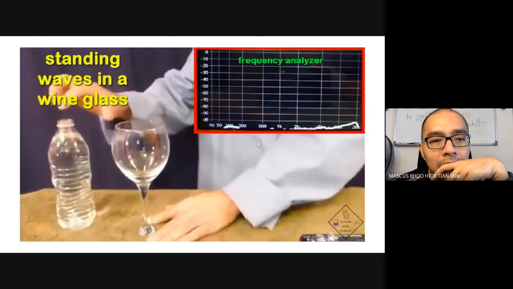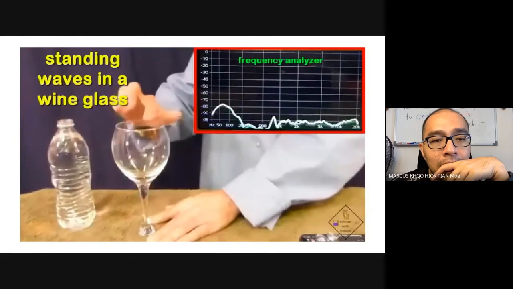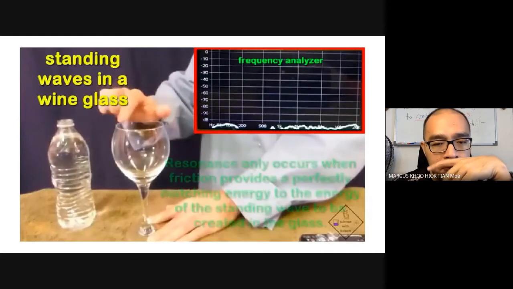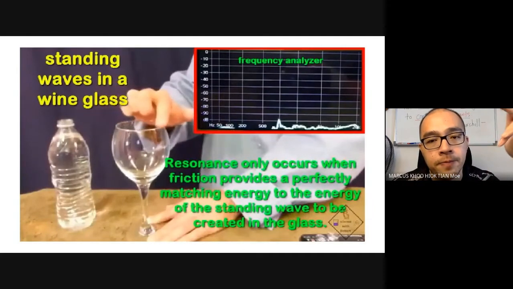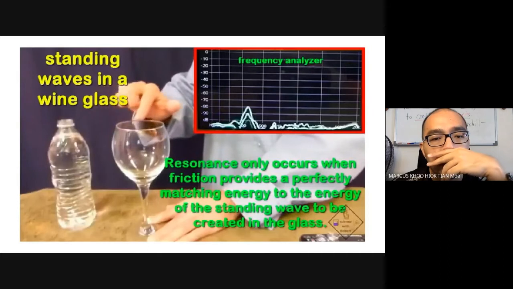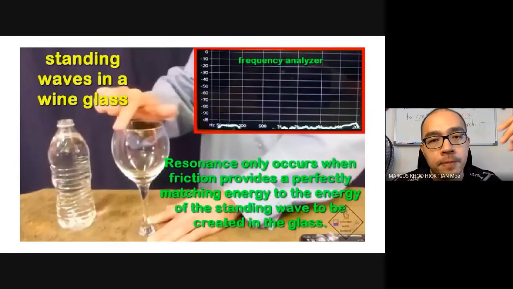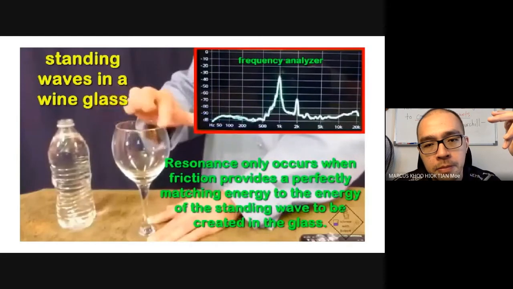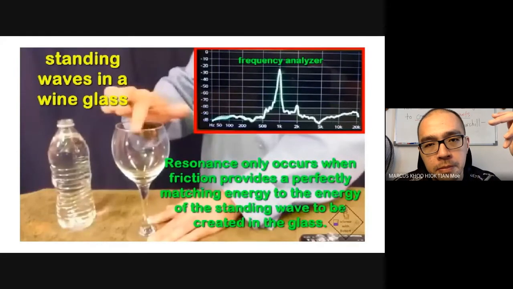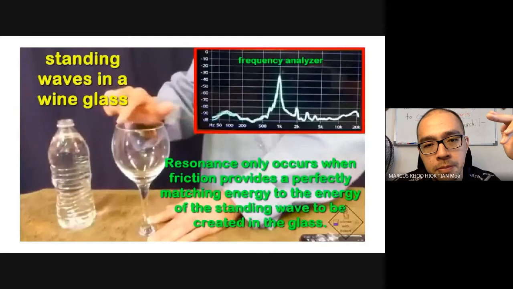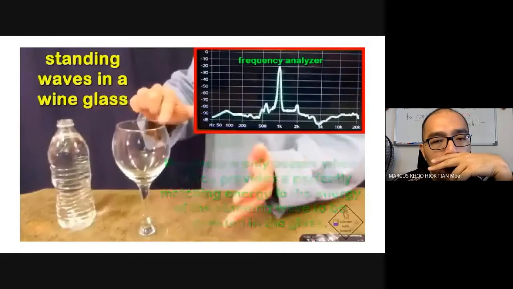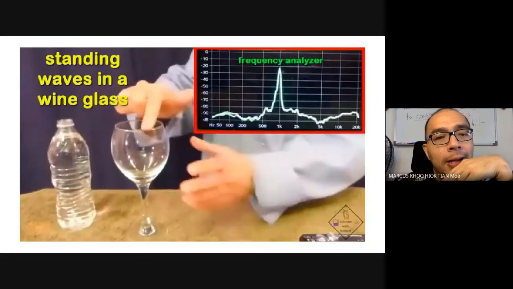Rubbing too fast does not work. Rubbing too slow does not work either. The finger must be rubbed along the rim of the glass with just the right amount of moisture, pressure, and speed in order for the correct amount of energy to be transferred to the glass that perfectly matches the energy of the natural resonant frequency of the glass.